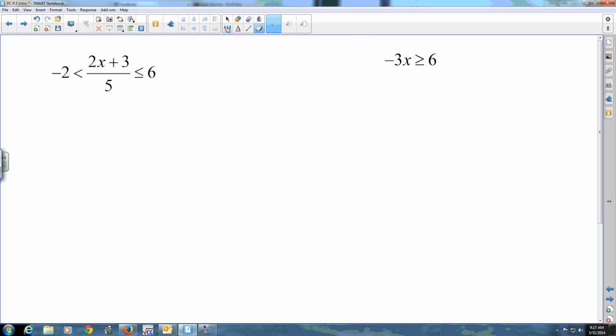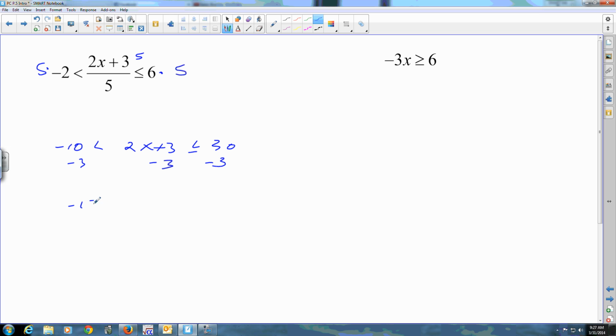Okay, here's another double-sided one. You're dividing by 5, so I think the place to start is you start by multiplying everybody by 5. So you have negative 10 less than 2x plus 3 less than or equal to 30. Then subtract the 3 from everybody.